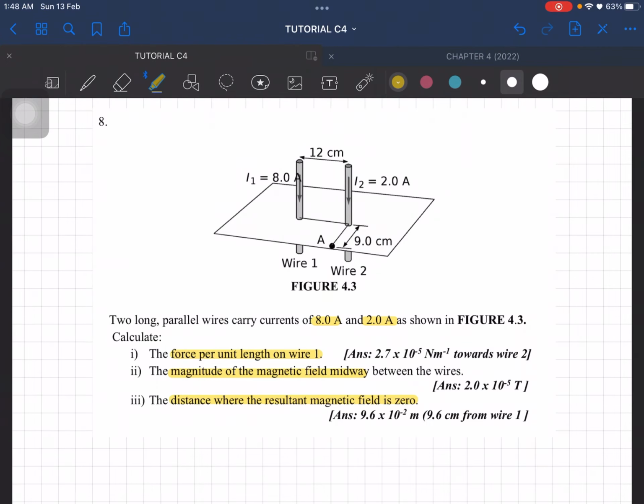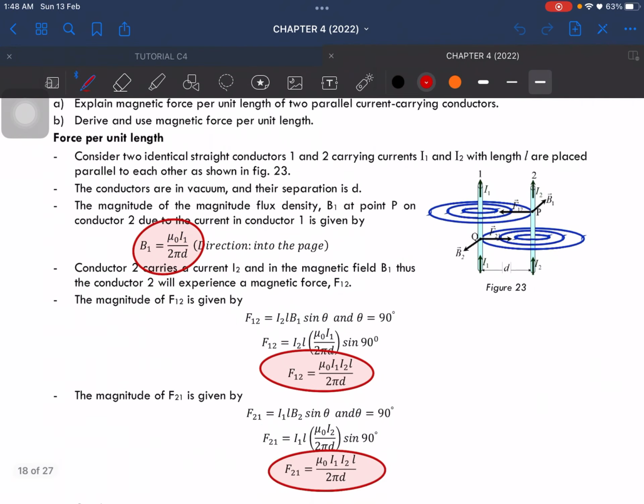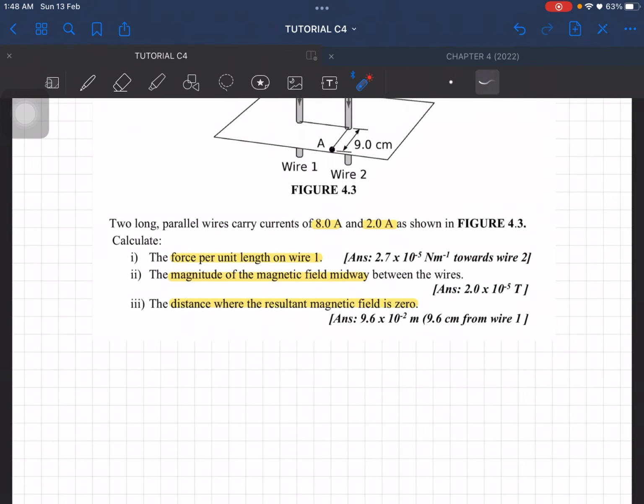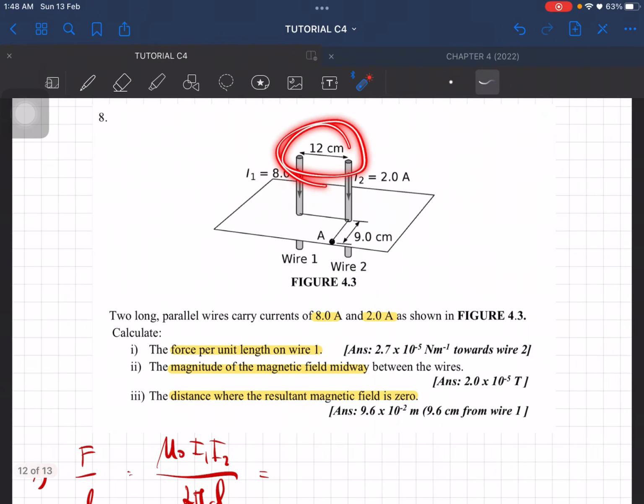Okay, so question Roman 1, the equation that we are going to use is this one shown here. F over L equals mu naught I1 I2 over 2 pi d, where d is the distance between these two wires, which is equal to 12 centimeter.